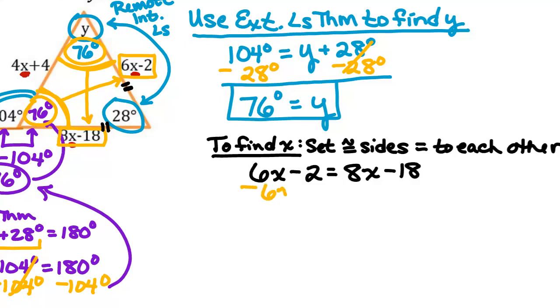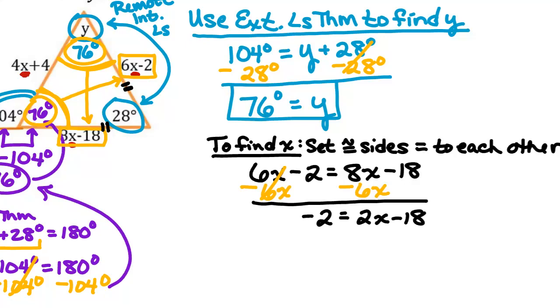I'm going to subtract 6x from both sides so that I can group my x's together. So I have negative 2 equals what? Negative 2 equals 2x minus 18.